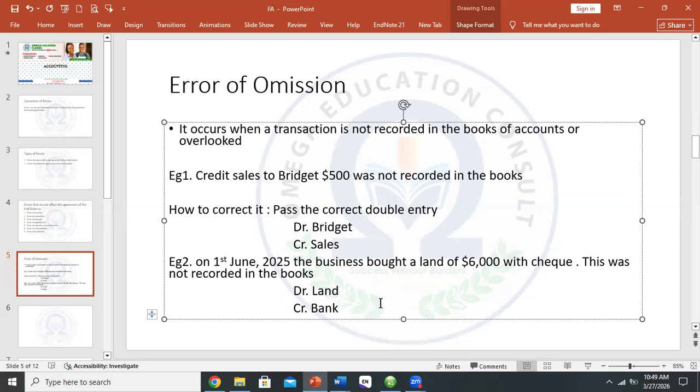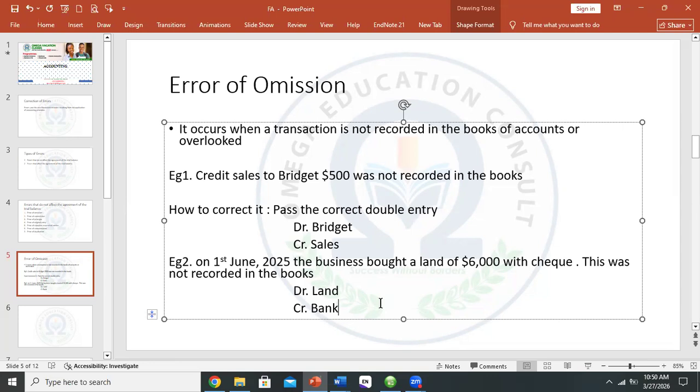So professors, I think you'd have to sharpen your double entry knowledge for you to be very comfortable here, right? So I would urge all of us to go back and look at when you sell goods, who do you debit, who do you credit? If you receive money from debtors or customers, they are very important. Return outwards as well. Maybe I'll write summaries of the transactions for you so that you can quickly update yourself. Because these are the transactions that will pop up in these errors, right?